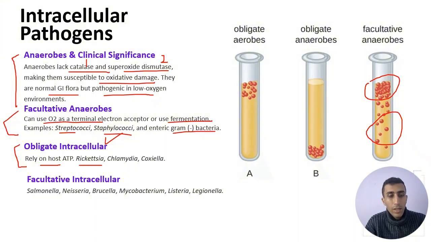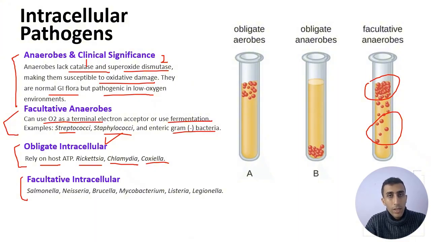This includes Rickettsia, Chlamydia, and Coxiella. So you have to know that Coxiella, Chlamydia, and Rickettsia are obligate intracellular, so you have to find them inside of cells, not outside of cells, versus the facultative intracellular.